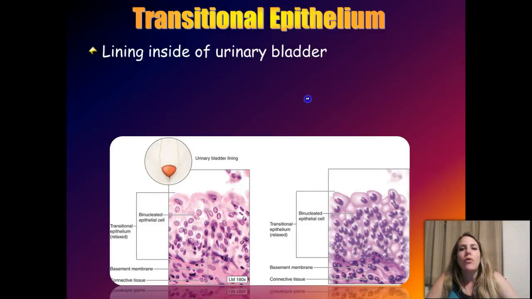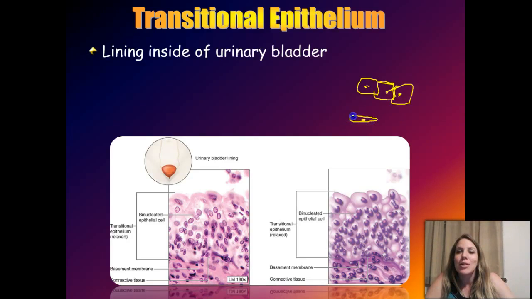When your bladder's empty, the epithelial layer seems to be cuboidal in nature, right? Something like that. But when your bladder's full, it's stretched out, and so it turns into a layer of simple squamous epithelium. How cool is that?